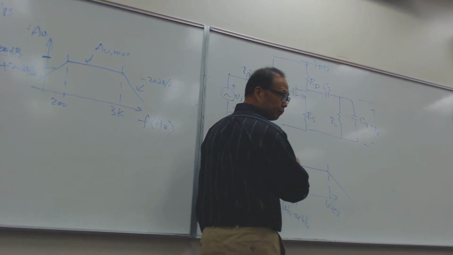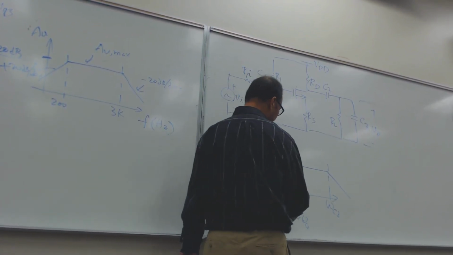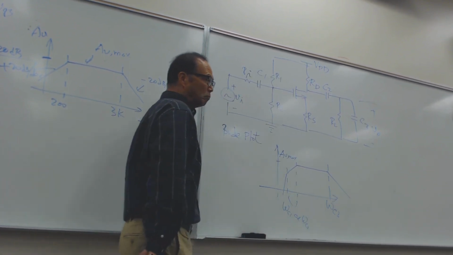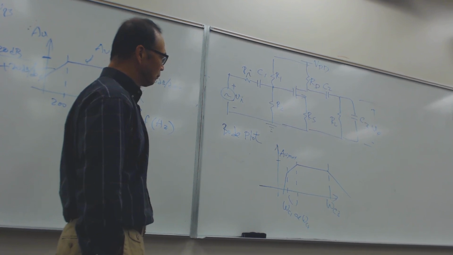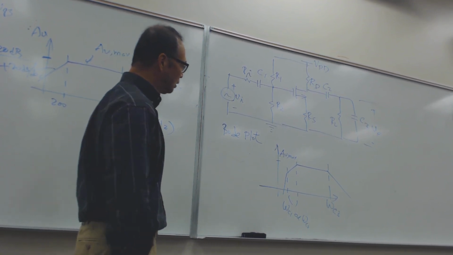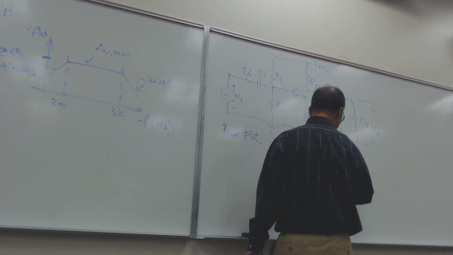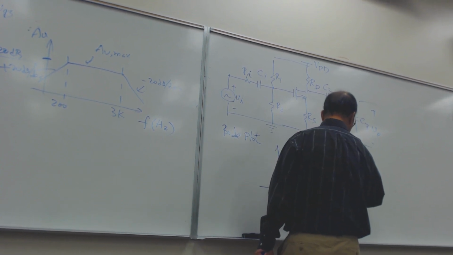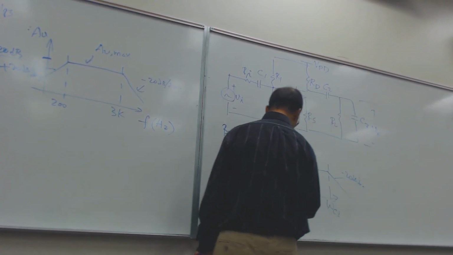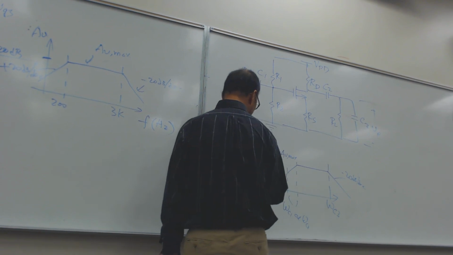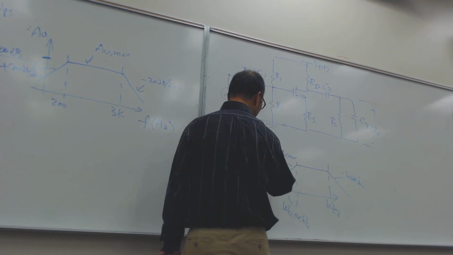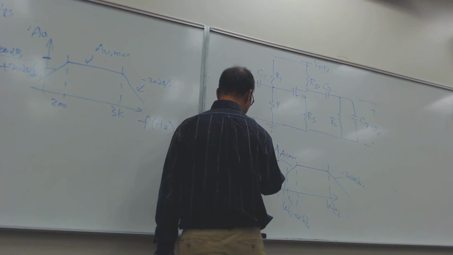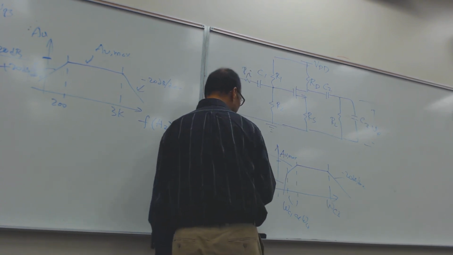The location of that depends on the values of tau. The slope is minus 20 dB per decade. This slope, if you go this way, is plus 40 dB per decade, and this is plus 20 dB per decade.